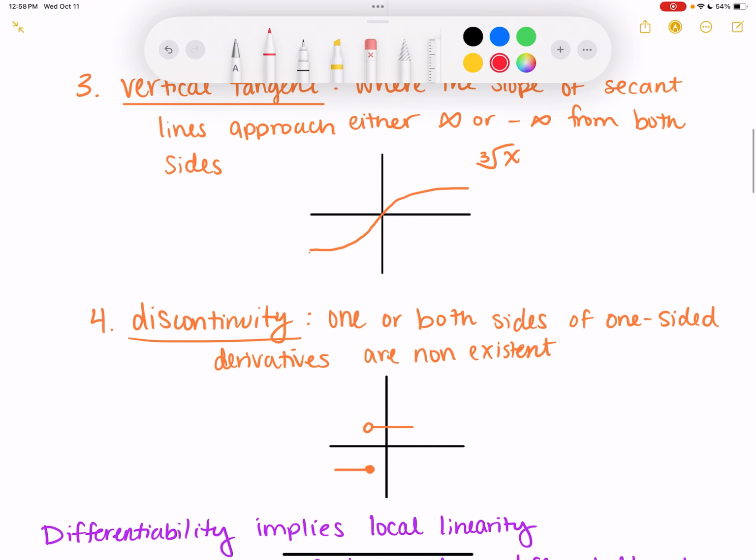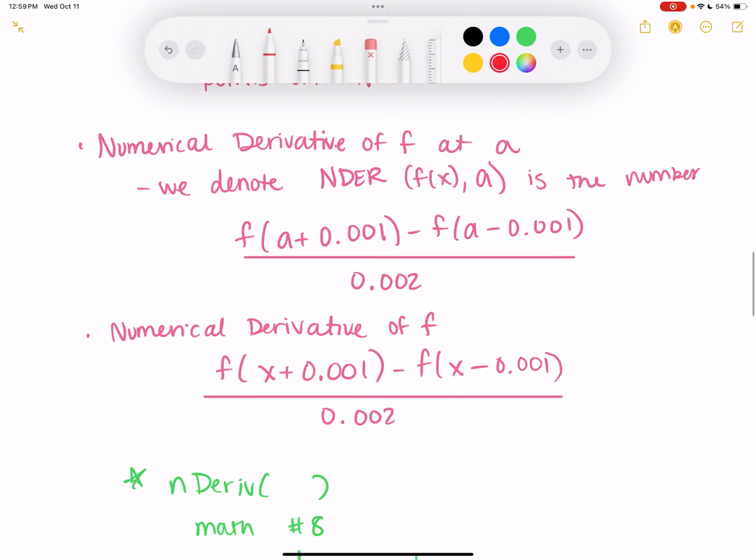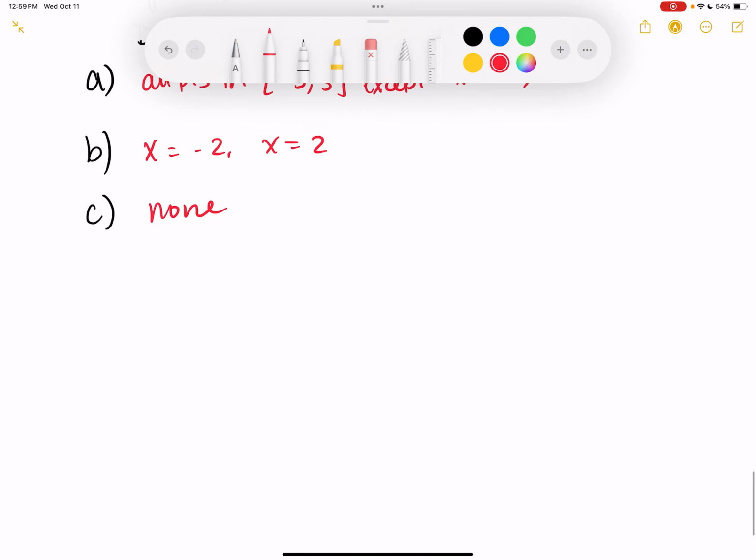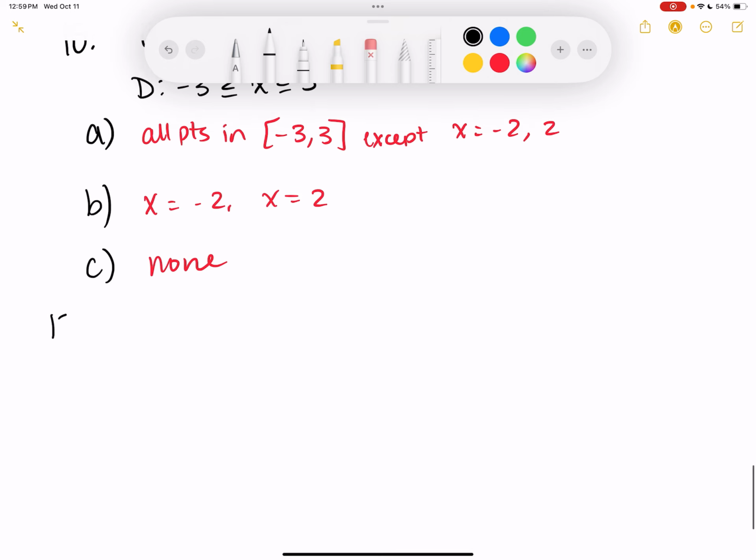Obviously this is like a step function. We're pretty much just going to say what's happening in each one. So number 12, scroll all the way down. We have y equals x raised to the 4/5.